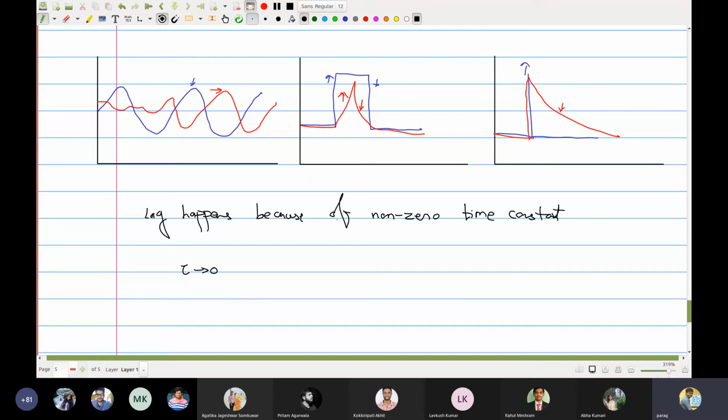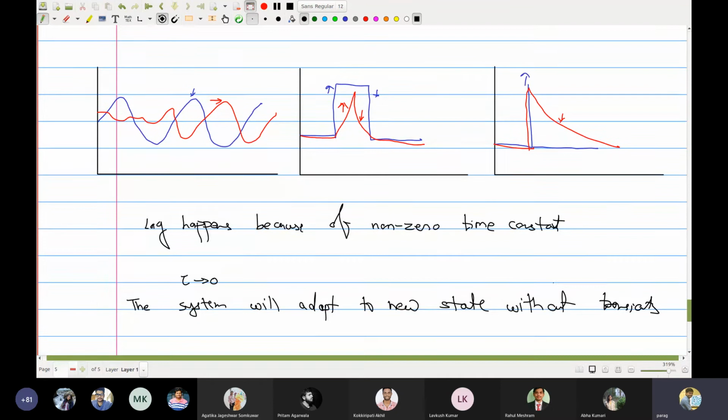Your system will respond very quickly. In other words, the system would adapt to the new state very quickly, without any transients.